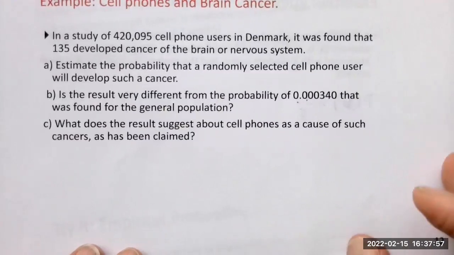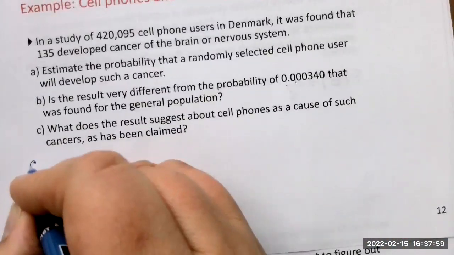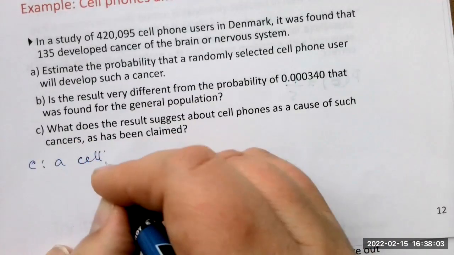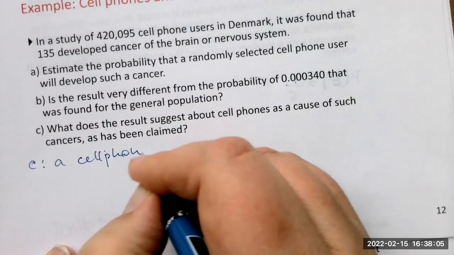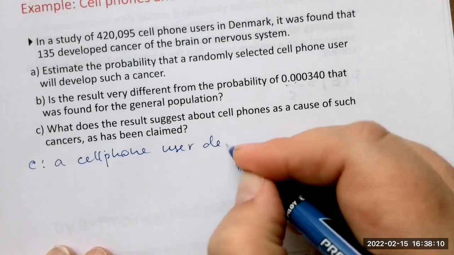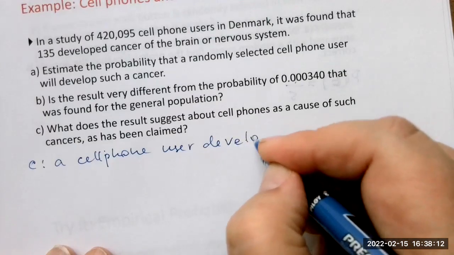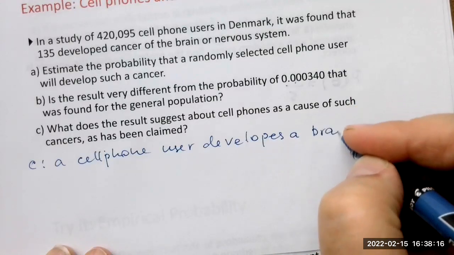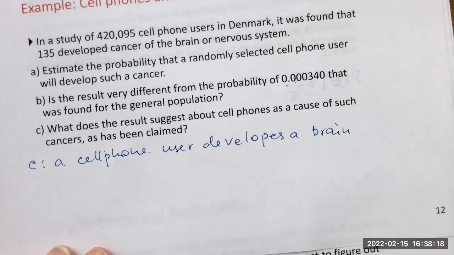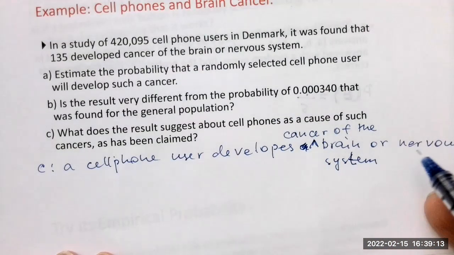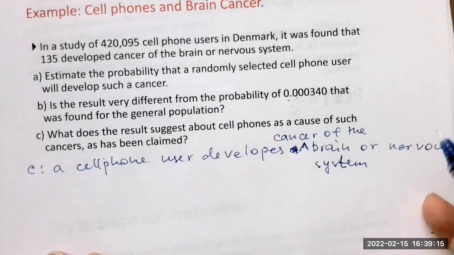So event C is a cell phone user develops cancer of the brain or nervous system.